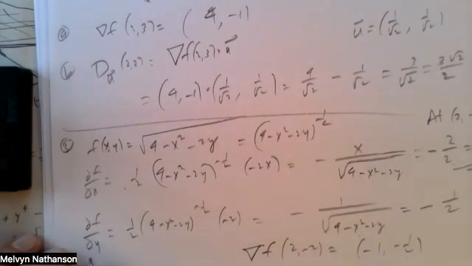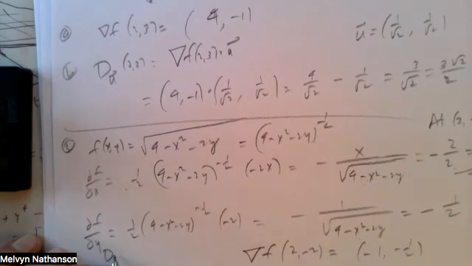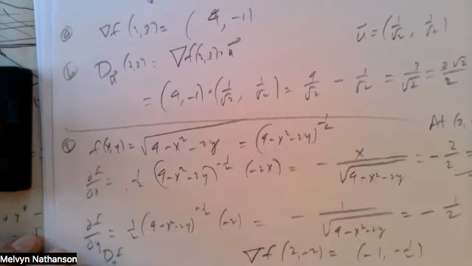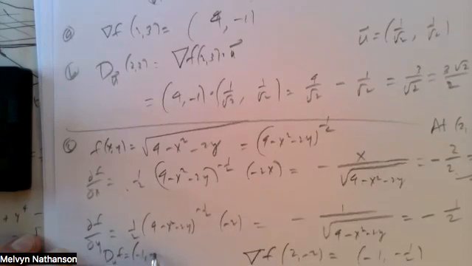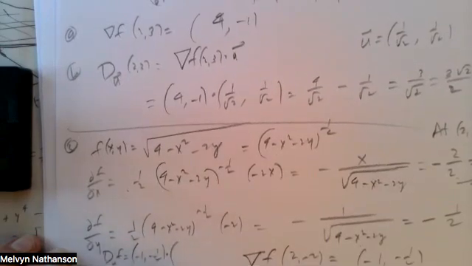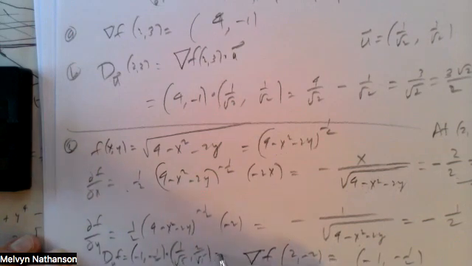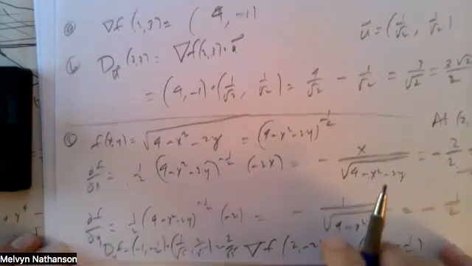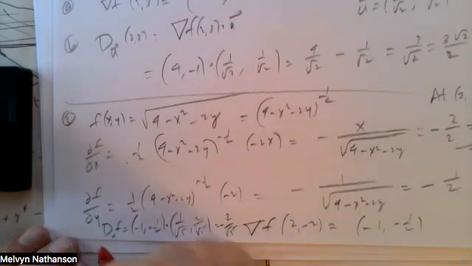And if I want the directional derivative in this direction, where the vector u is 1 over root 5, 2 over root 5, that's going to be the dot product of minus 1, minus 1/2 with the vector 1 over root 5, 2 over root 5. So that's minus 1 over root 5 minus 1 over root 5, which is minus 2 over the square root of 5.